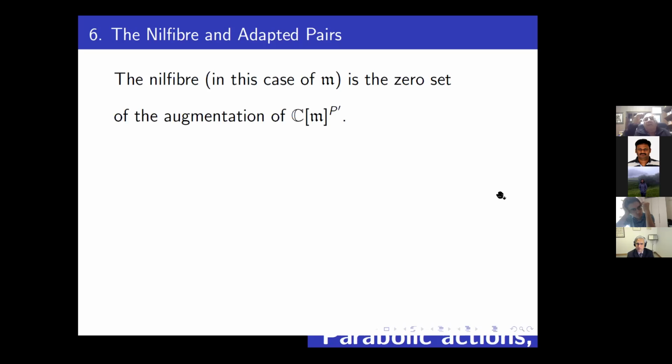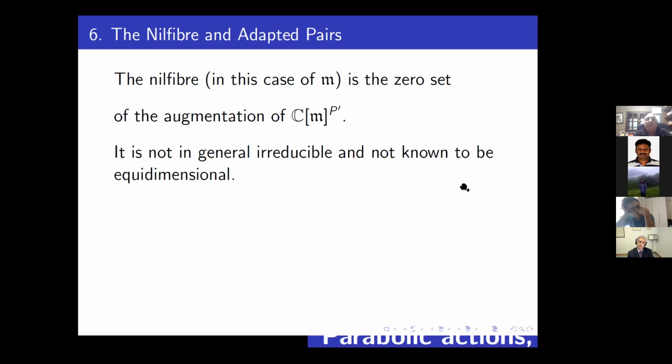The nilfibre, by definition, in this case, is a zero set of the augmentation ideal of the invariant algebra. So it's where every invariant polynomial of positive degree vanishes. In general, the nilfibre is not irreducible, although it was in Kostant's case, and not known to be equidimensional.